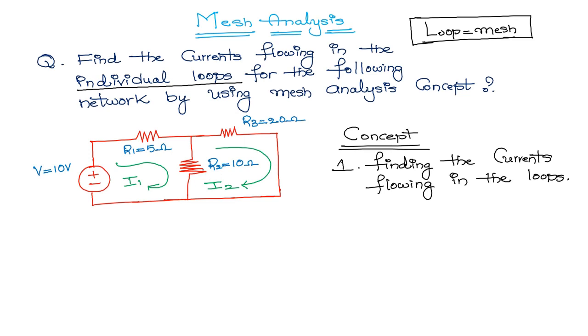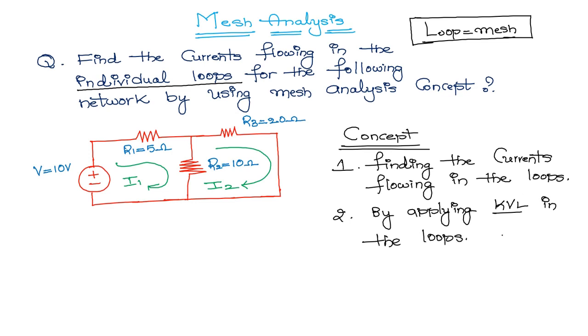Now come to the concept of mesh analysis. First point is finding the currents flowing in the loops. But how are we going to find these currents? By applying Kirchhoff's voltage law, that is KVL, in the loops.